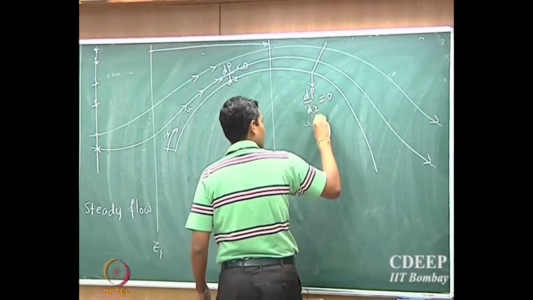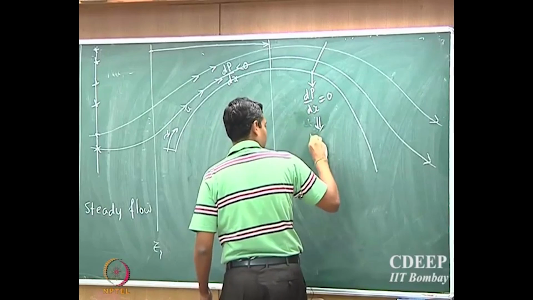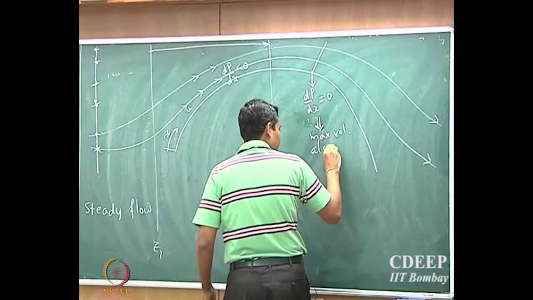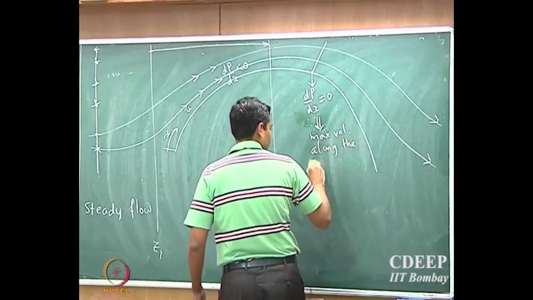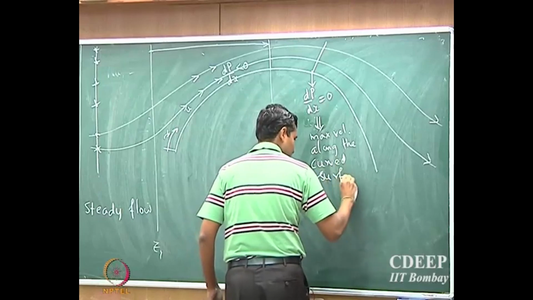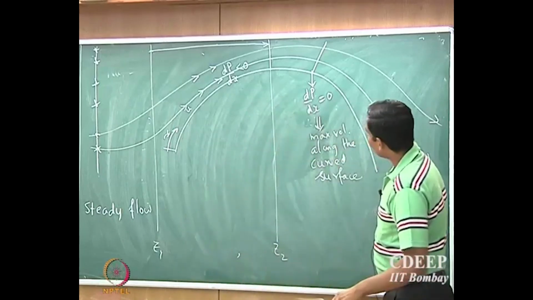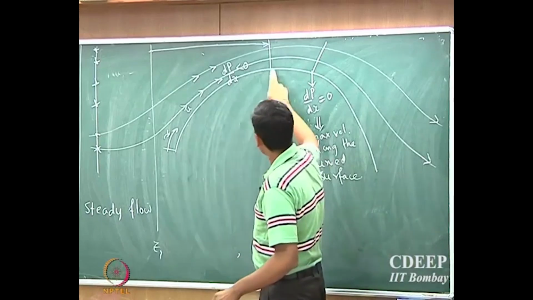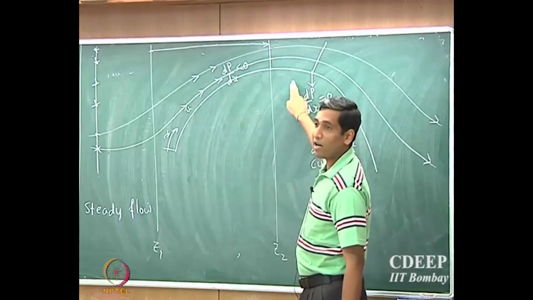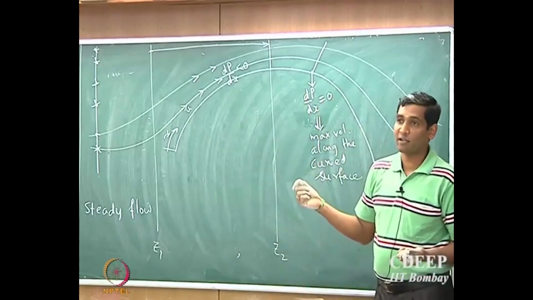So this corresponds to the maximum velocity along the curved surface. So remember the distance that it travels along this location is much larger, so the fluid particle has to accelerate.